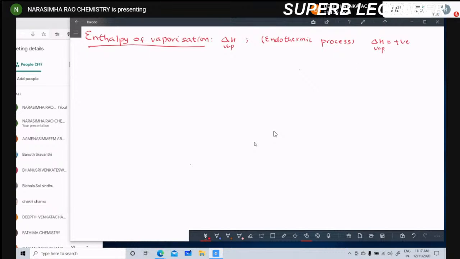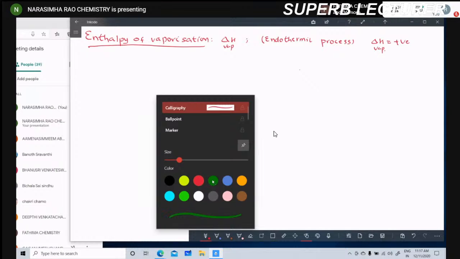Definition. I am framing the definition for enthalpy of vaporization. Right, children.